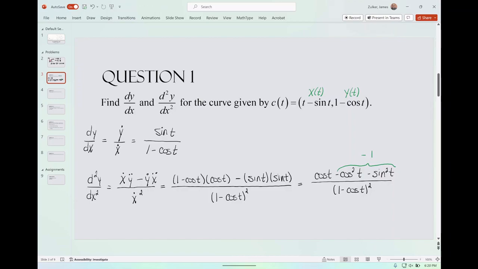And we have cosine t minus 1 in the numerator. We have 1 minus cosine t all squared in the denominator. Well, can't I factor out a negative 1 from the numerator?